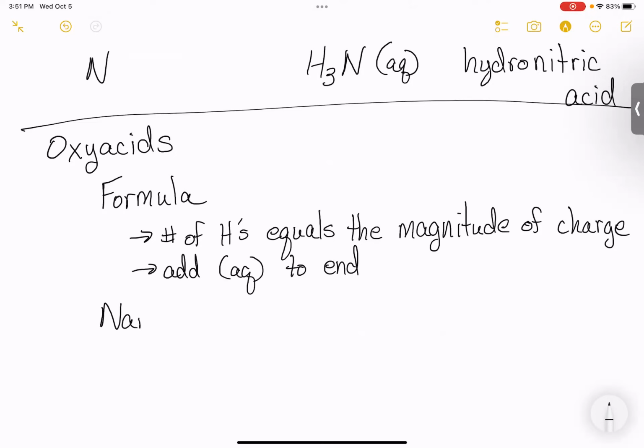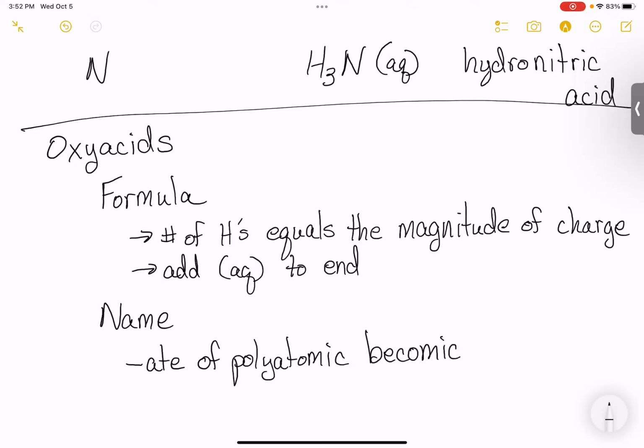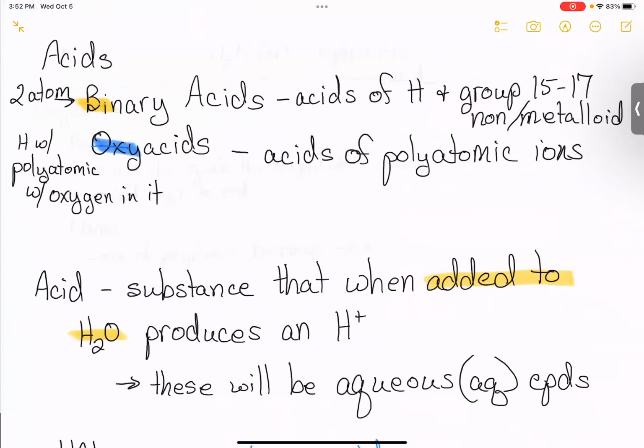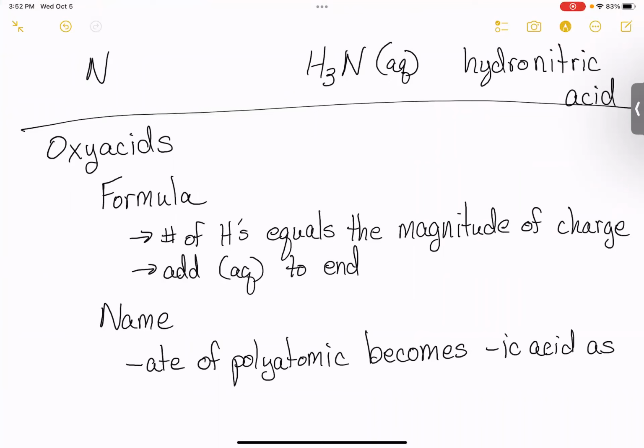So let's talk names. The suffix ate in an oxyacid, or of a polyatomic, becomes ic acid, as an aqueous compound.